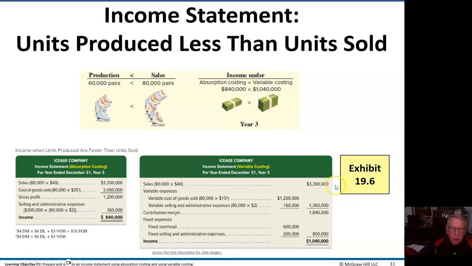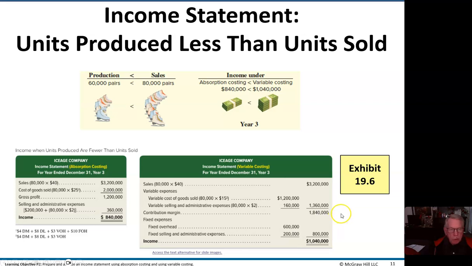Whereas under variable costing, here we have our same sales, but our variable cost of goods sold is based on $15 per unit times 80,000 units, a total of $1.2 million, and then our variable selling and administrative at $160,000, total $1,360,000.